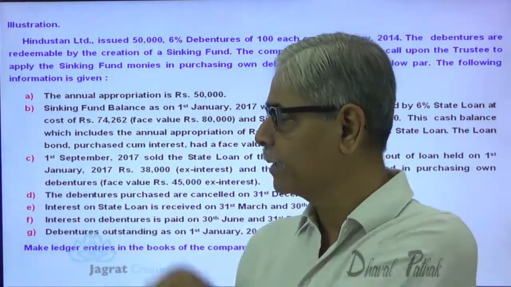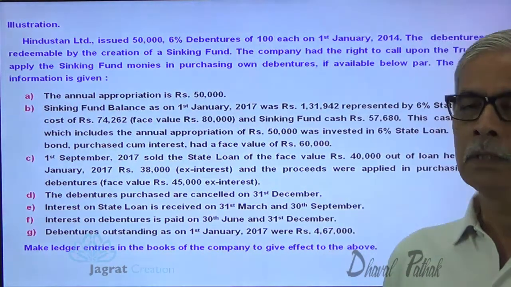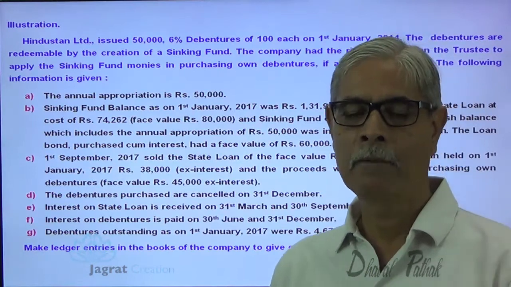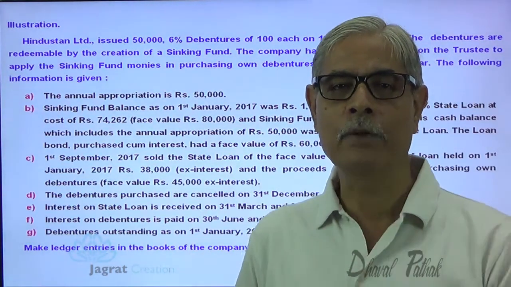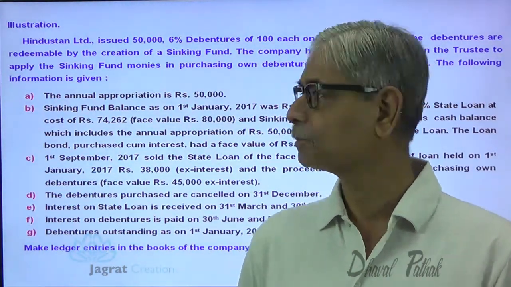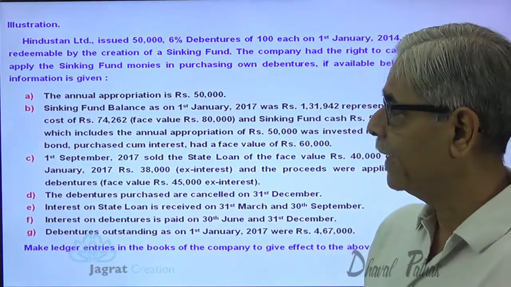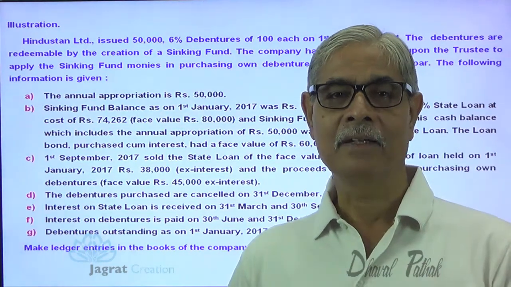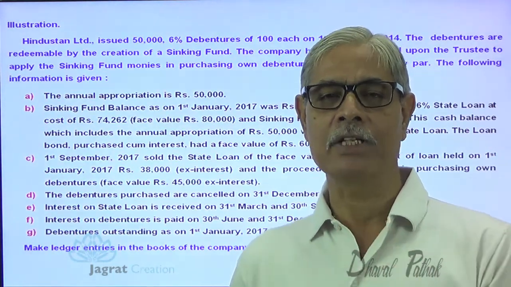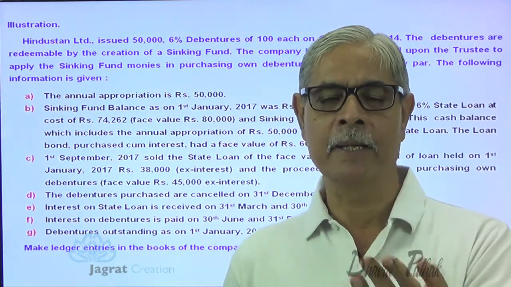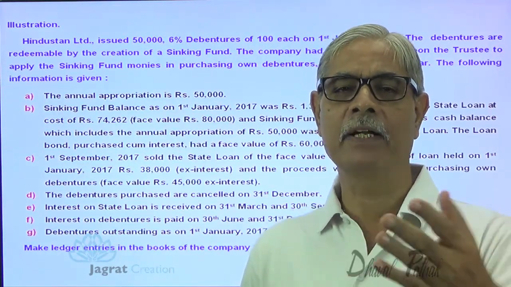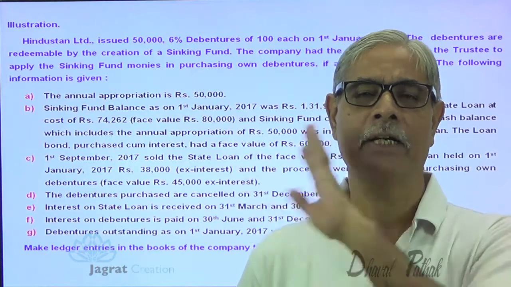Now let me start with this. The first transaction will be recorded on 1st of January. After the 1st of January transaction is recorded, the next transaction will be recorded considering the date of interest on sinking fund investment and the date of interest on debenture liability.